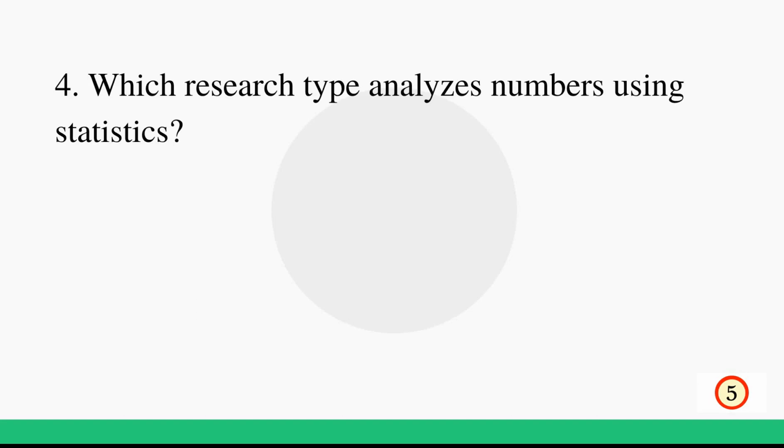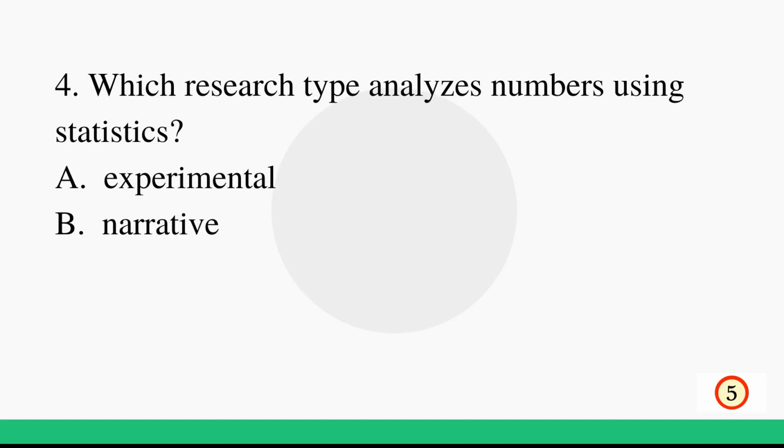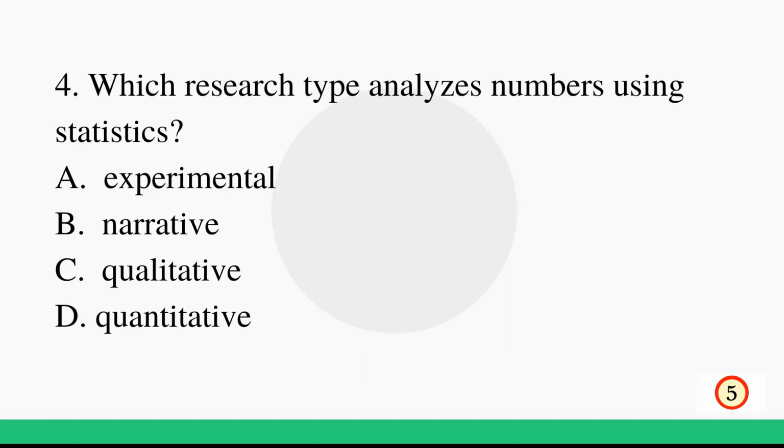Which research type analyzes numbers using statistics? A. Experimental. B. Narrative. C. Qualitative. Or D. Quantitative. Begin. And the correct answer is D.